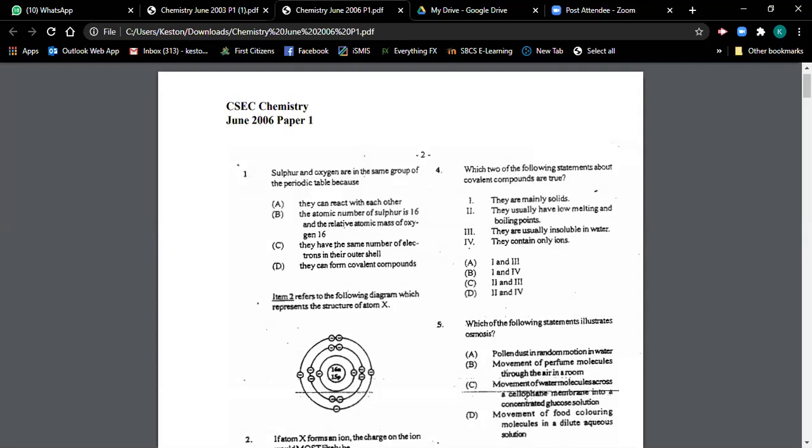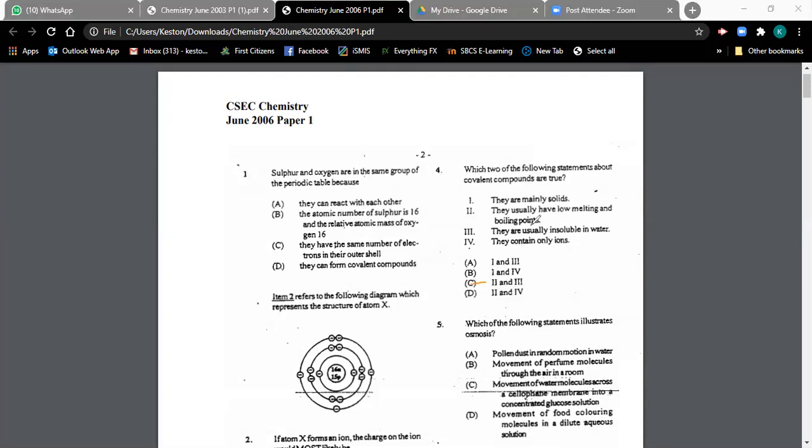So C is right. They generally have low melting and boiling points in comparison to the ionic compounds, and most of the time they're insoluble in water. Right, so good answer. 2 and 3, very good. 5, which of the following statements illustrates osmosis?